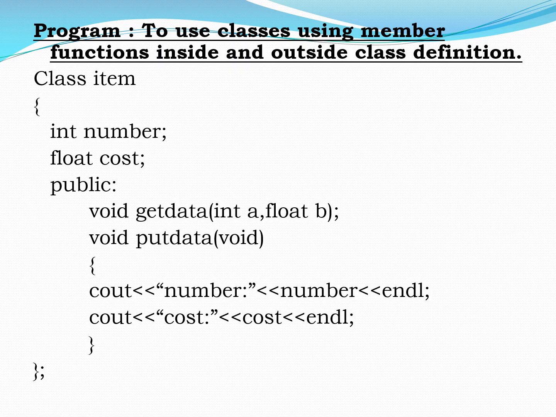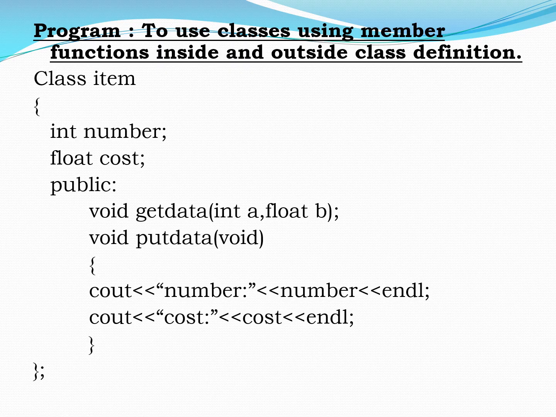We have taken a small example just to accept a number of items and display the cost. In this program, we are not going to have any calculation part. We are going to just accept a number of items and display the cost of the item.